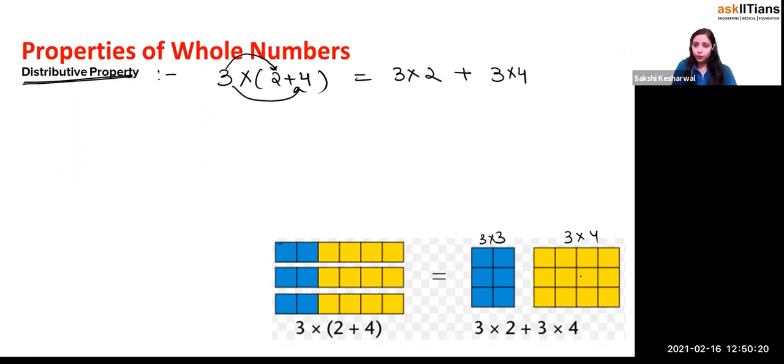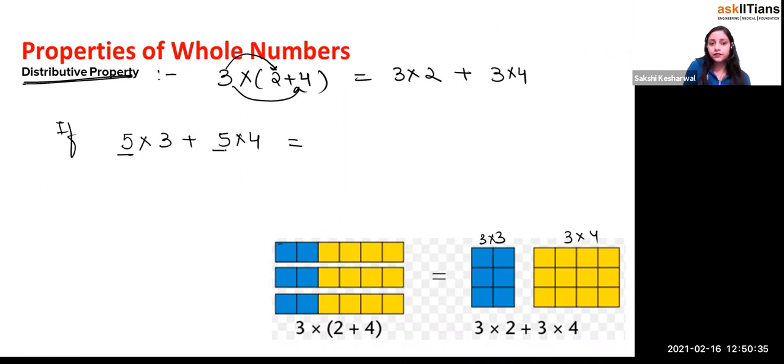He took the 3 into 4 part and he did the 3 into 2 part, and then he summed it up. The vice versa also exists, right? So if I have written 5 into 3 plus 5 into 4, what will be the answer? So can you see that 5 and 5 is common? So can I write this as 5 bracket, into this will be what? 3 plus 4, right? Yes or no?